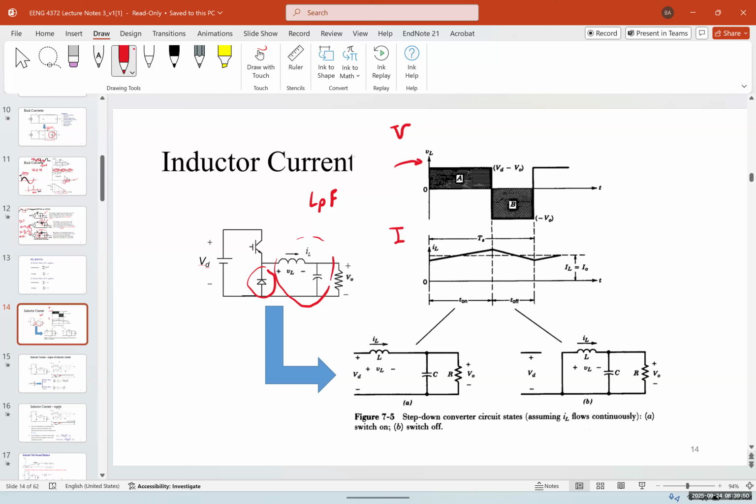T on is when the switch is closed, and VD is applied to the input. And T off is obviously when this is opened. I'm going to show it with the open circuit, and we don't have anything in the input of our system.